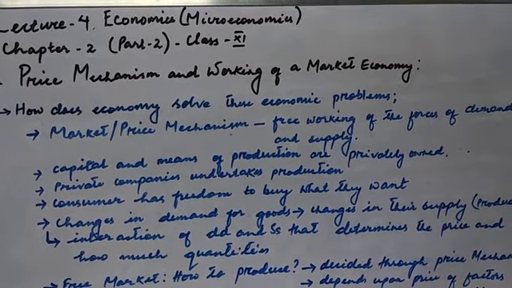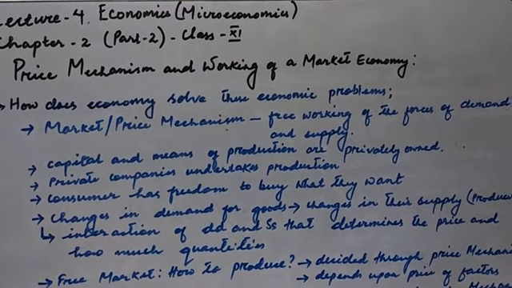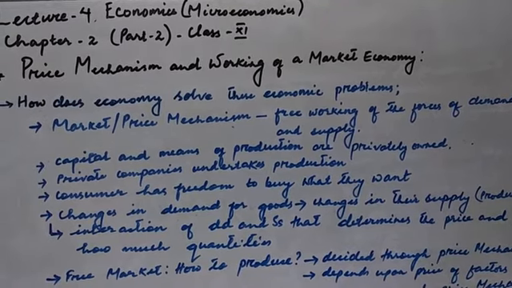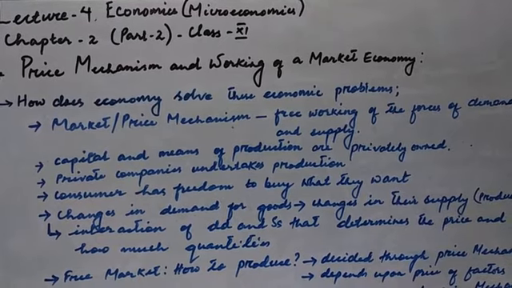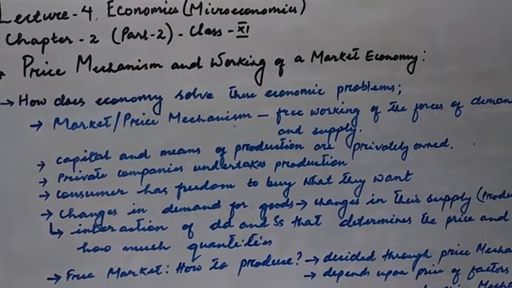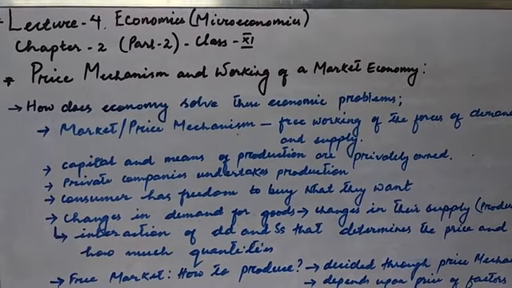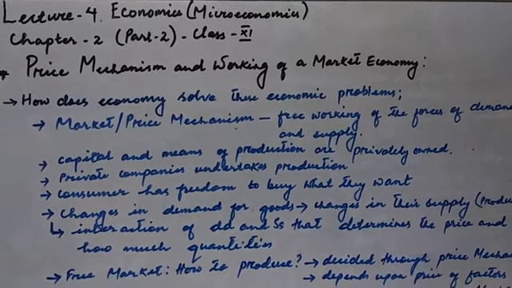What goods are to be produced and in what quantities, which methods of production we have to adopt, and the distribution of the output. All these problems are to be decided or determined by the price mechanism or the market forces.